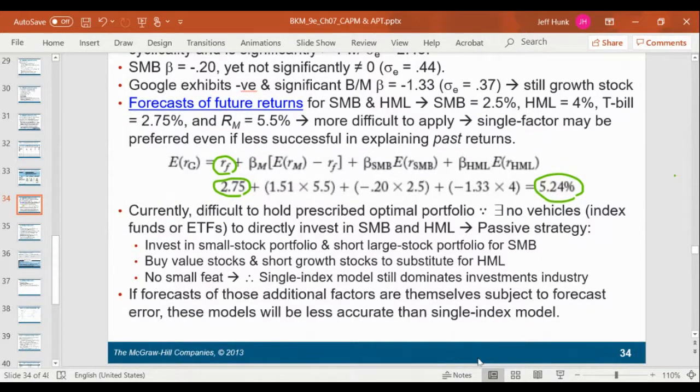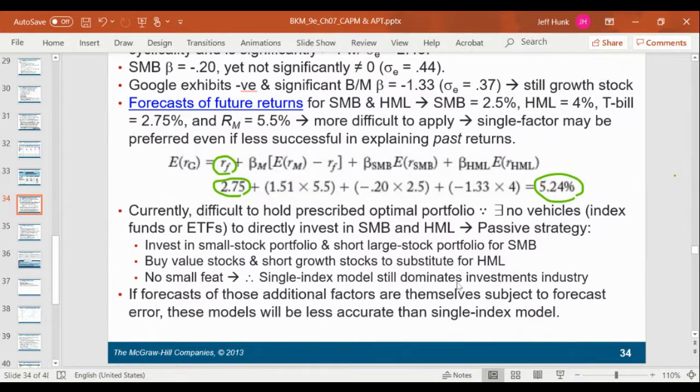Currently, however, it is difficult to hold the prescribed optimal portfolio because no vehicles exist, no index funds or ETFs, to directly invest in the size beta, size premium, and the market price-to-book premium.